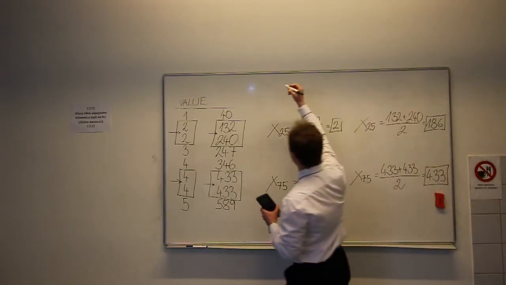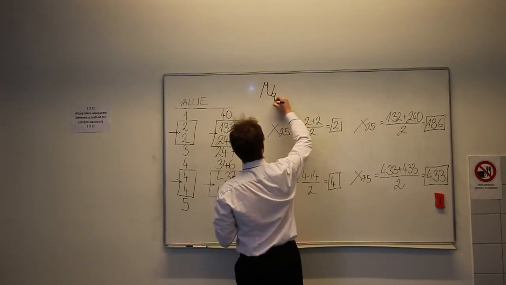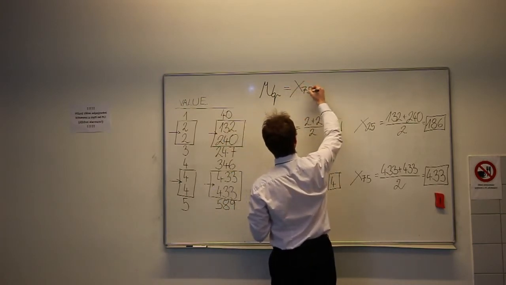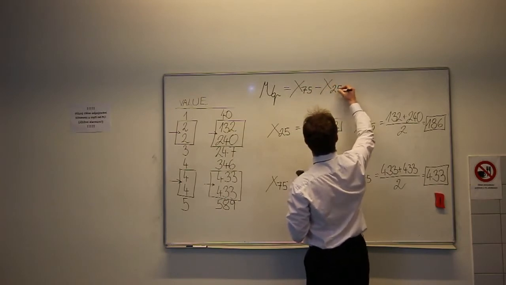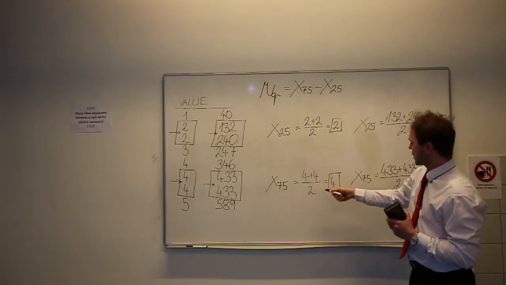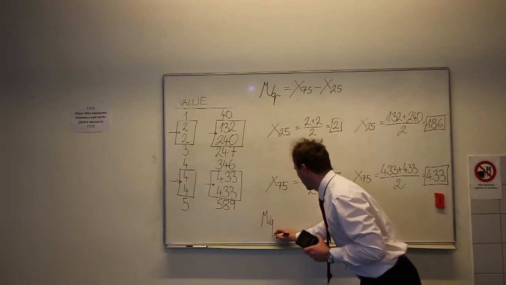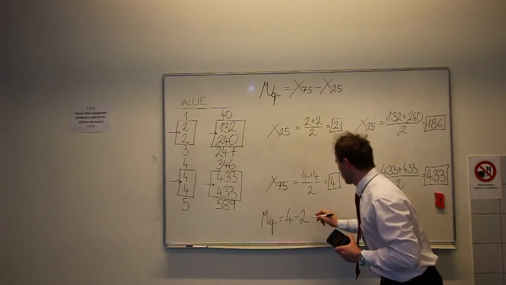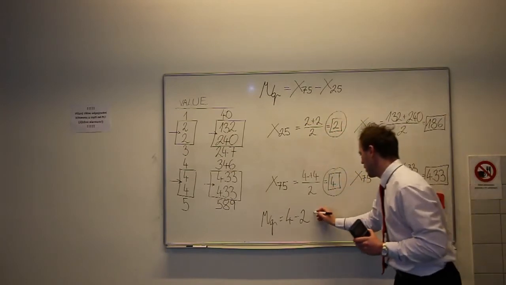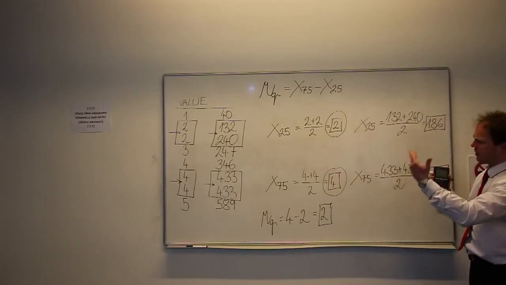So, the interquartile range is calculated from quartiles. In your formulas, you have x75 minus x25. In the case of the first variable, it will be 4 minus 2, so the result is 2 years, again in years.